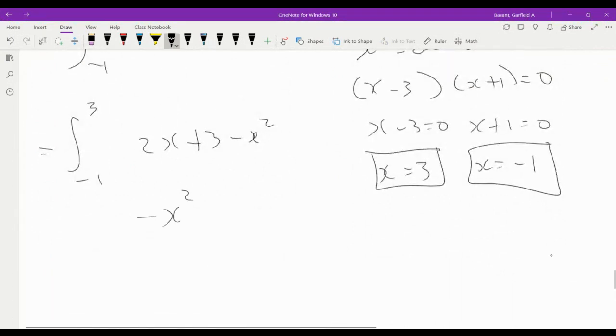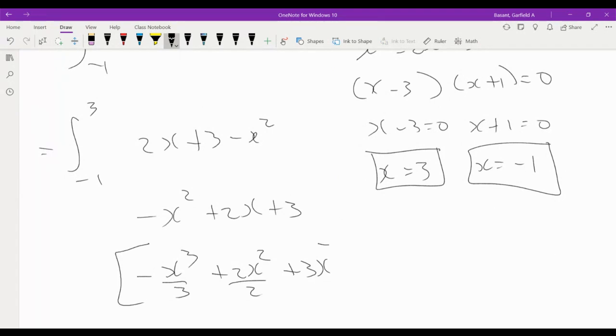We put it in descending order. This becomes -x to the third over 3 plus 2x squared over 2 plus 3x. And we have to evaluate that from -1 to 3. That's what the area is going to be equal to. And I'll leave that for you guys to finish.